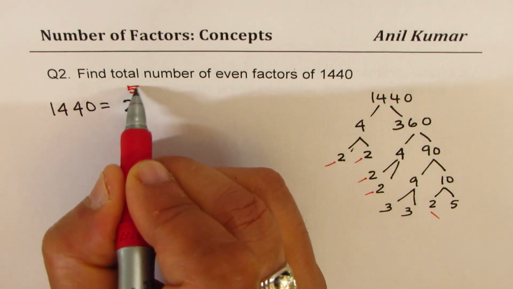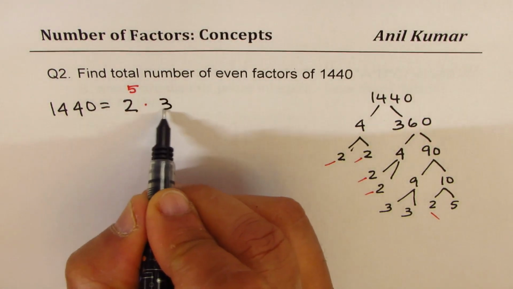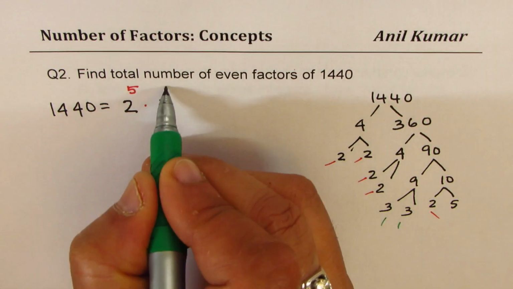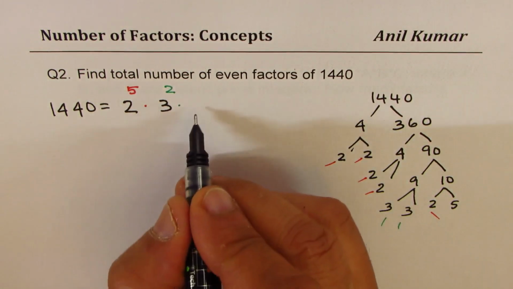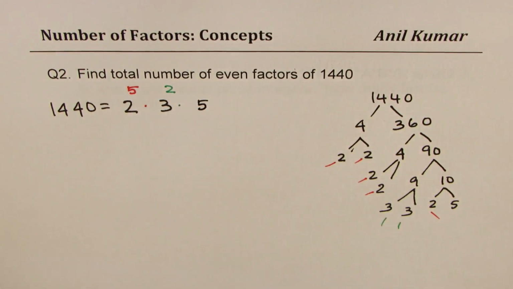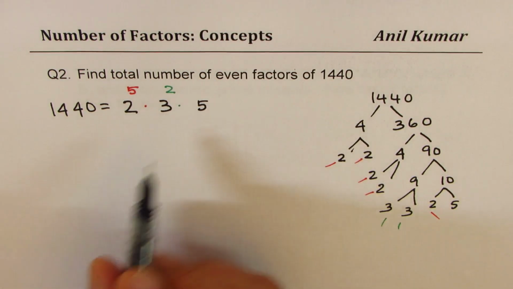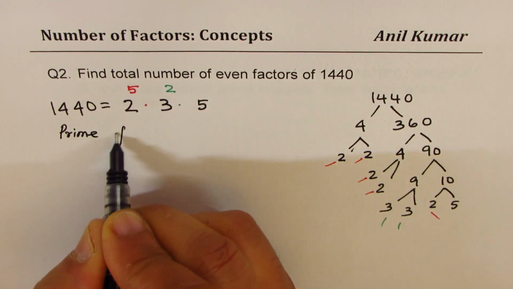So there are 5 2's. So now let's count the 3's. So the 3's which we have are 2 3's. And now let's count the 5's. So there is only 1 5 here. Perfect. So these are the prime factors, right? So the first step we did was prime factorization.